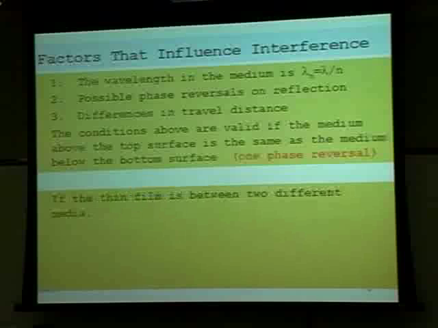But you could put the thin film between two different media. You could have a thin film over something else, and it's possible that you have your lowest index, maybe air, then the film index of refraction, and then the substance below that might even be a higher index than the film. Hence, you're going to have a different situation.